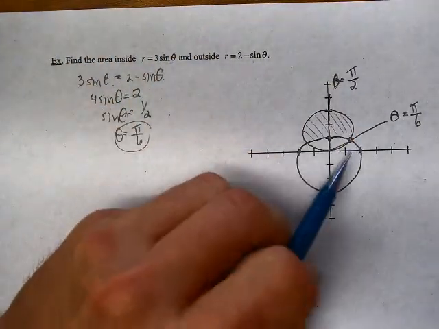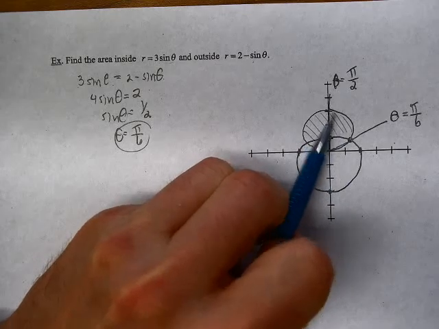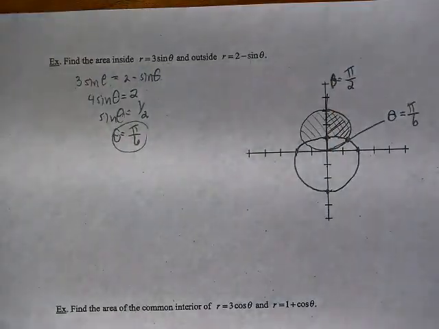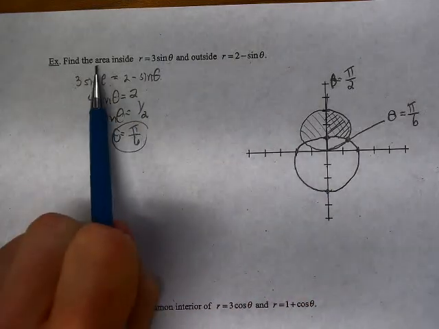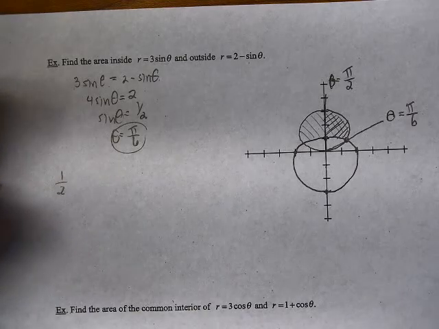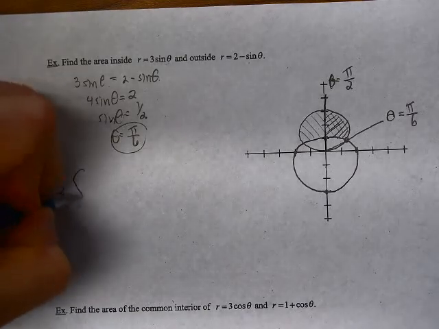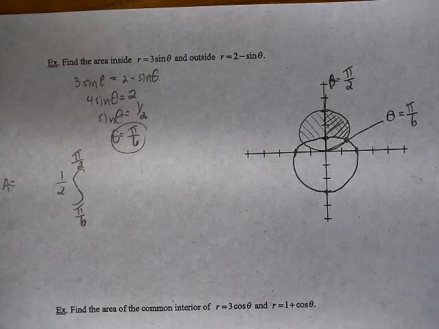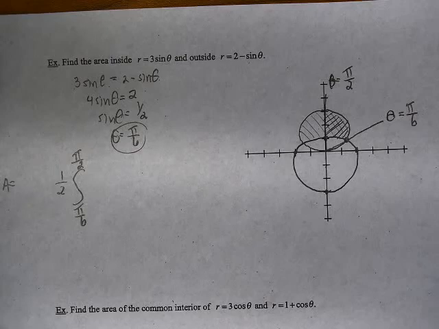So I am just going to integrate from pi over 6 to pi over 2. That's going to give me that area there, and then I can double it to find the answer to this question. So I have 1/2 the integral from pi over 6 to pi over 2 of r squared minus r squared.